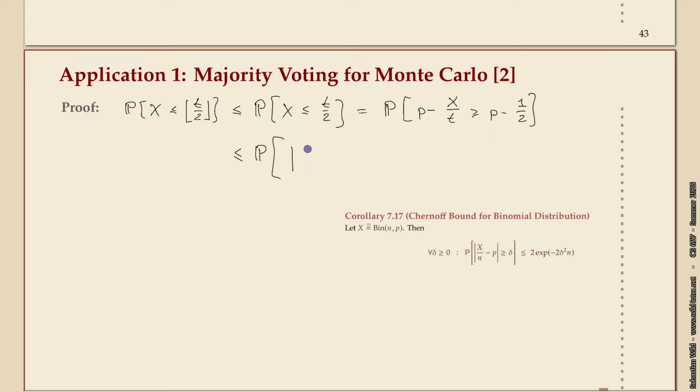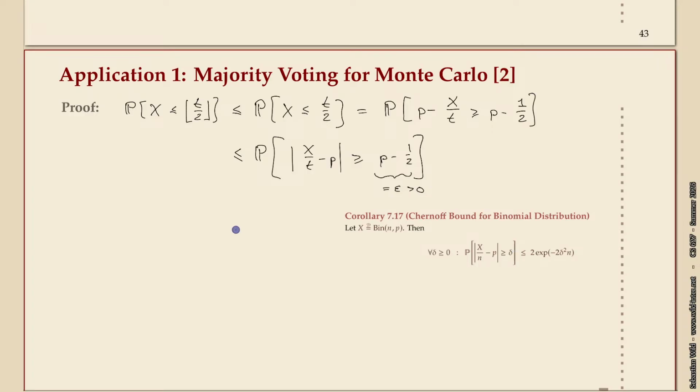And so formally we express that as the absolute value to be greater than what we have, p minus 1/2. And so that's now in the form that we need for Chernoff's bound. In particular, this p minus 1/2 is exactly our epsilon, which is greater than 0, so that matches. It's called delta in the bound, but other than that it's the same.